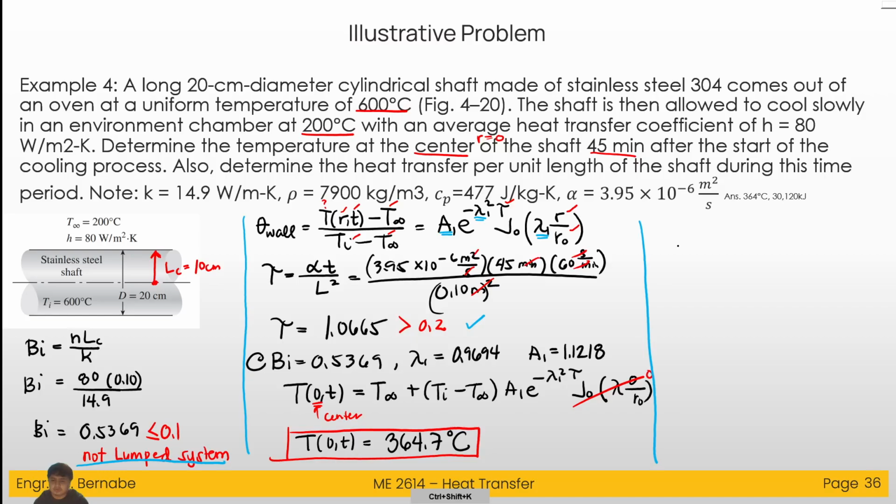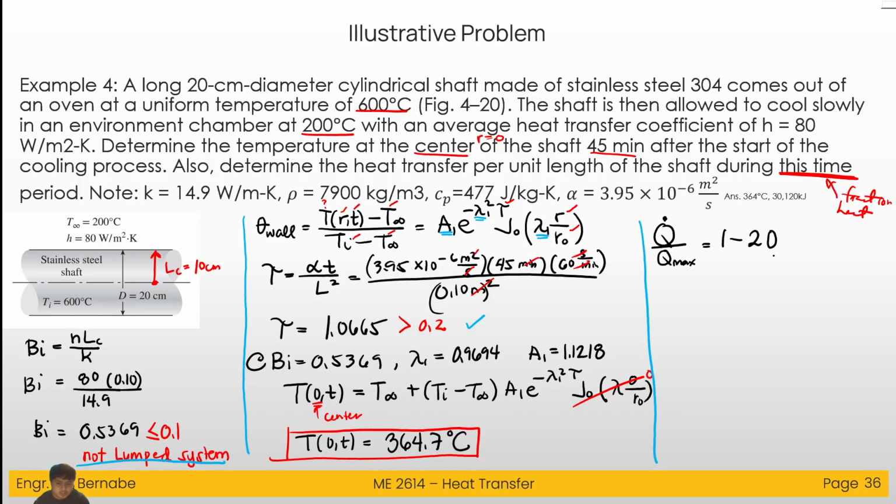Okay, so what's the next thing we should do? The next thing we should do is to find the heat transfer per unit length. During this time, we need to do the fractional heat. So you need to use the formula Q over Q max is equal to 1 minus 2 theta cylinder, then the Bessel function, lambda 1 over lambda 1.